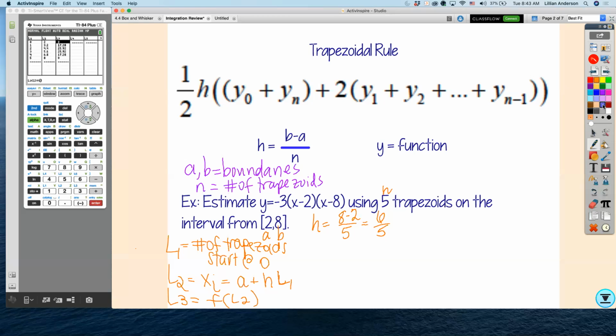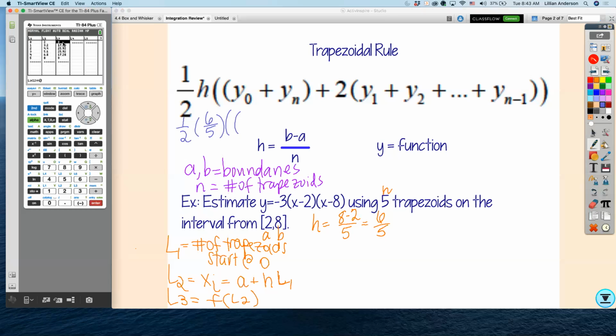So for this particular problem, we'll have 1/2, and this is what you would actually write on your test if you were asked to estimate the area. 1/2, we know that h is 6/5. Y sub 0 is the result from L3 when it was 0, so that's 0.